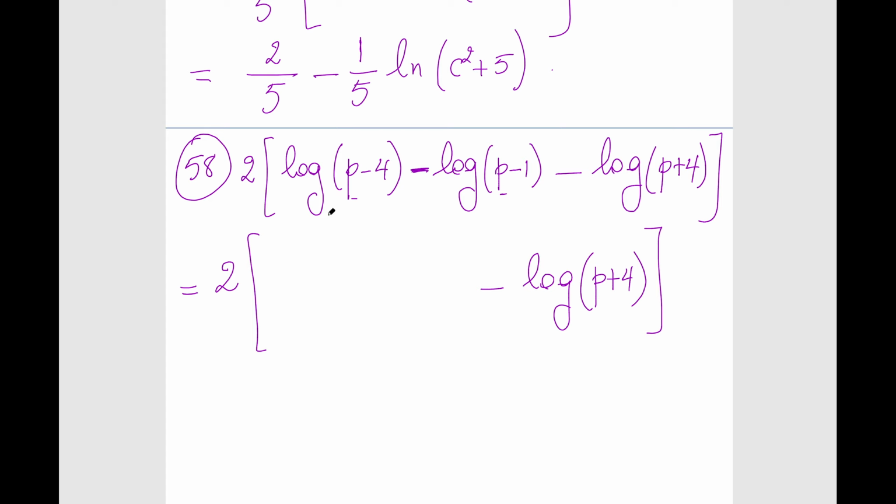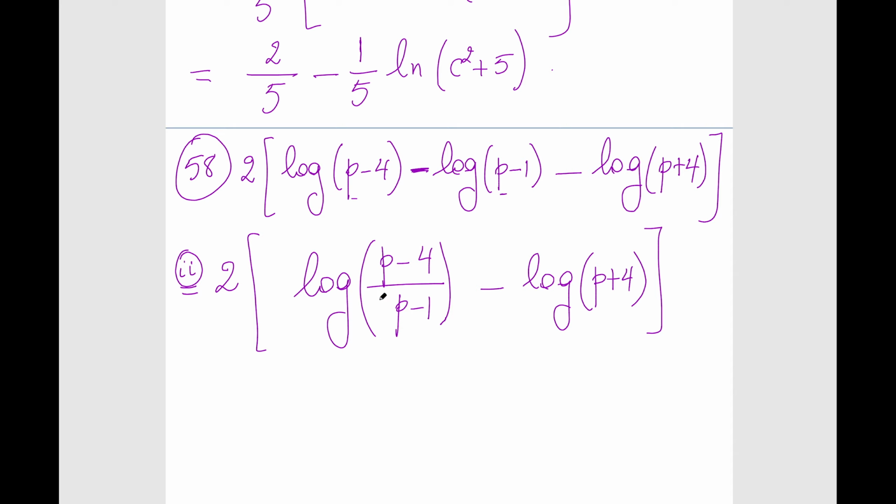Property 2 tells us that this is the same thing as the log of the quotient p minus 4 over p minus 1. Correct? Property 2. So log base 10 of p minus 4 divided by p minus 1 is the same as this.